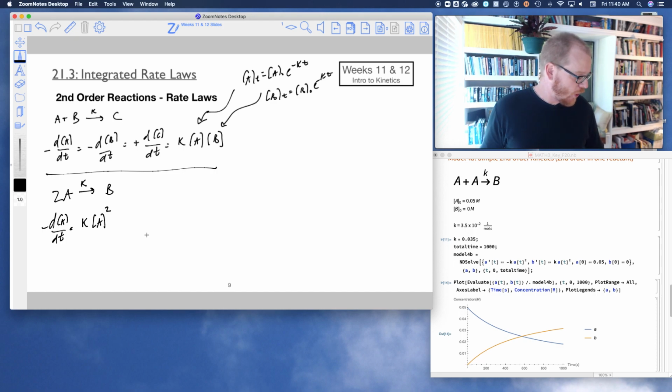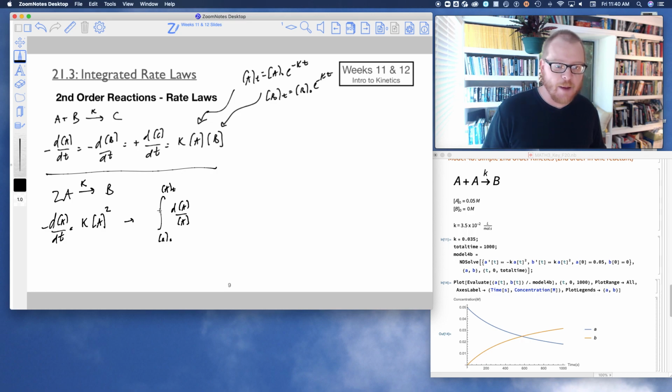So now when I go to solve this thing, this one we can solve, no problem, okay? So when I go to solve it, it's going to be the integral, still the same way we did it before, from A0 to A at time t, of dA over A, all right?